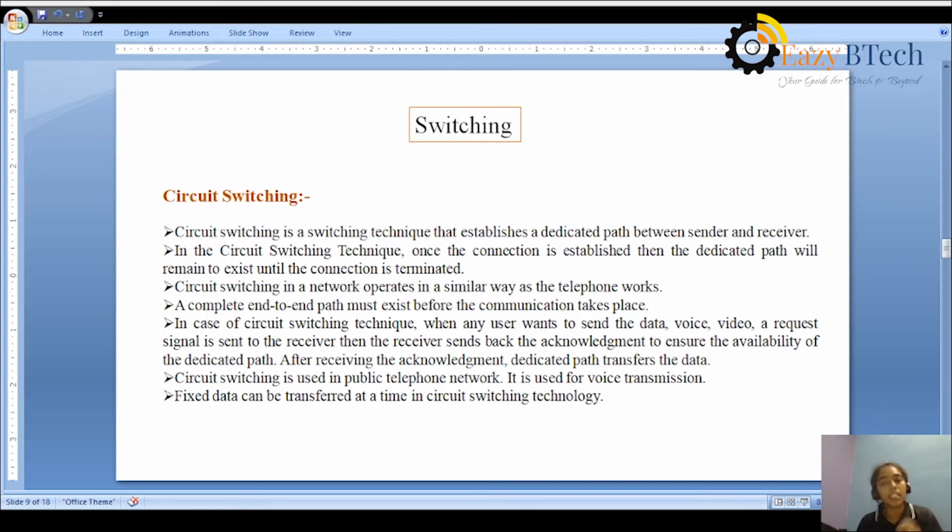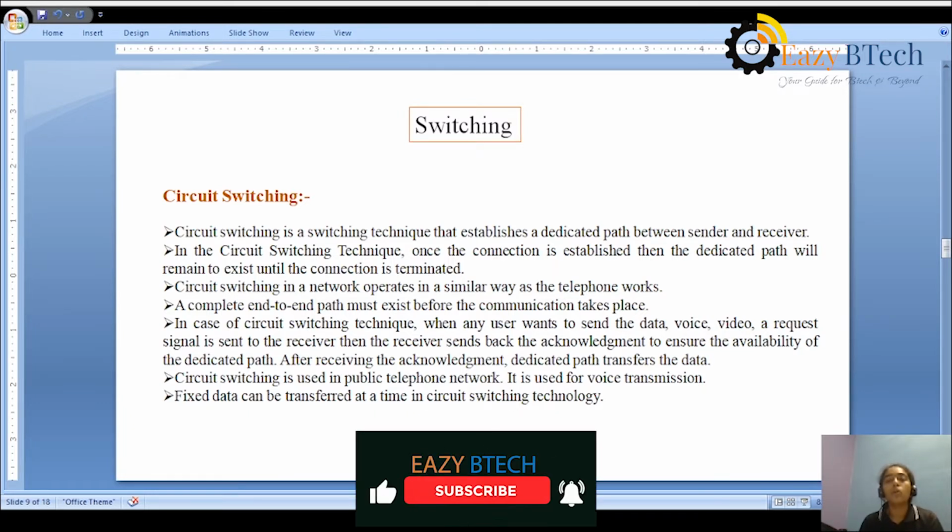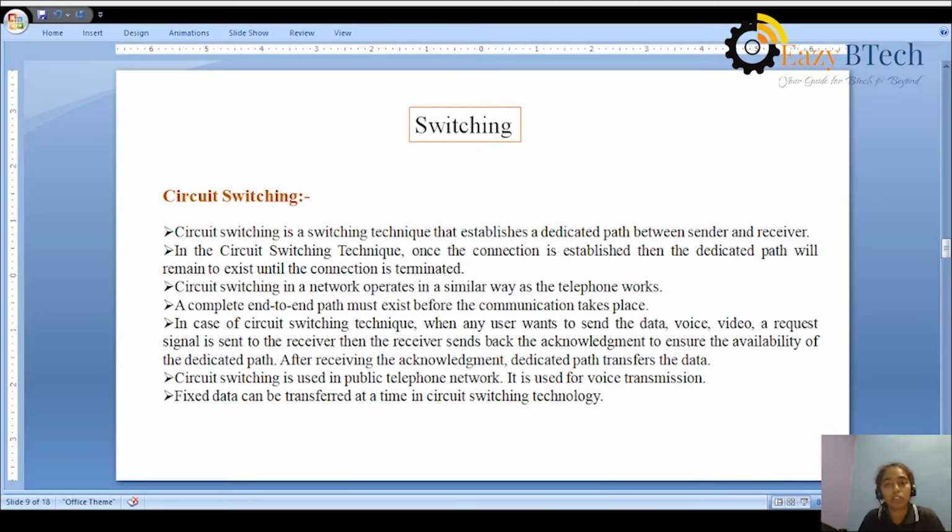By using this dedicated path we can transmit data from source to destination. Circuit switching is mainly used in telephone communication, so we can take telephone communication as an example of circuit switching.